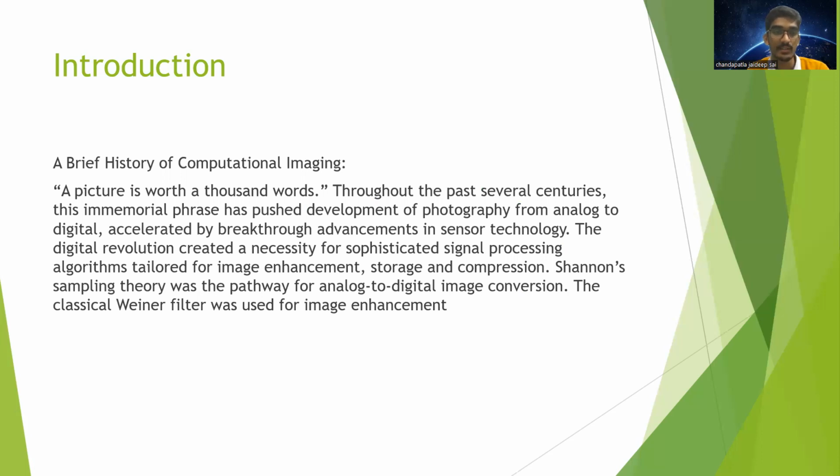The digital revolution created a necessity for sophisticated signal processing algorithms tailored for image enhancement, storage, and compression. Shannon's sampling theory was the pathway for analog to digital image conversion. The classical Wiener filter was used for image enhancement.